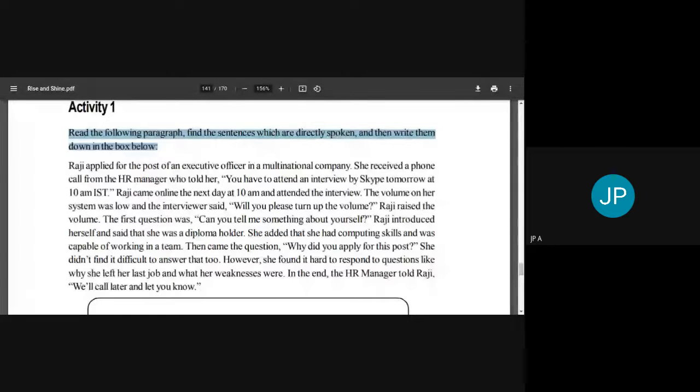So my question is, how do we identify the sentences which are directly spoken when we read a paragraph? How can we identify them? How can we identify which are those sentences which are directly spoken by someone? Is there any way of identifying sentences which are directly spoken by someone?